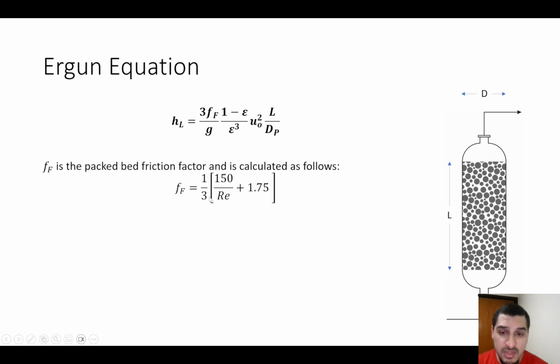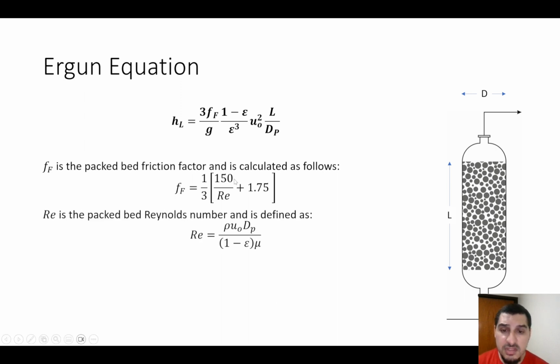If it's laminar flow, then the Reynolds number is very low, so this term is going to be large compared to this, and it is the dominant term. If it's turbulent flow, then the Reynolds number would be more than 4,000, so this whole term would be negligible compared to this term. So it's valid for both laminar and turbulent flow. It takes both into account.